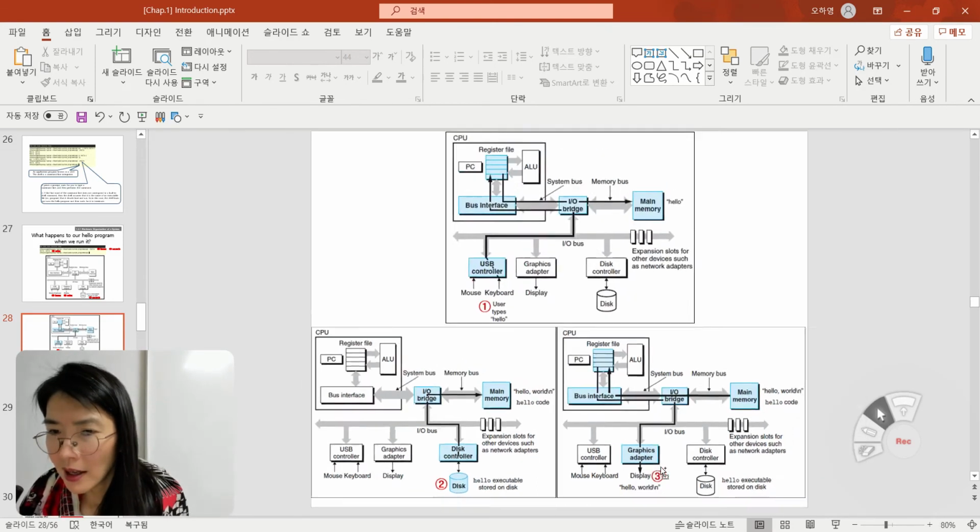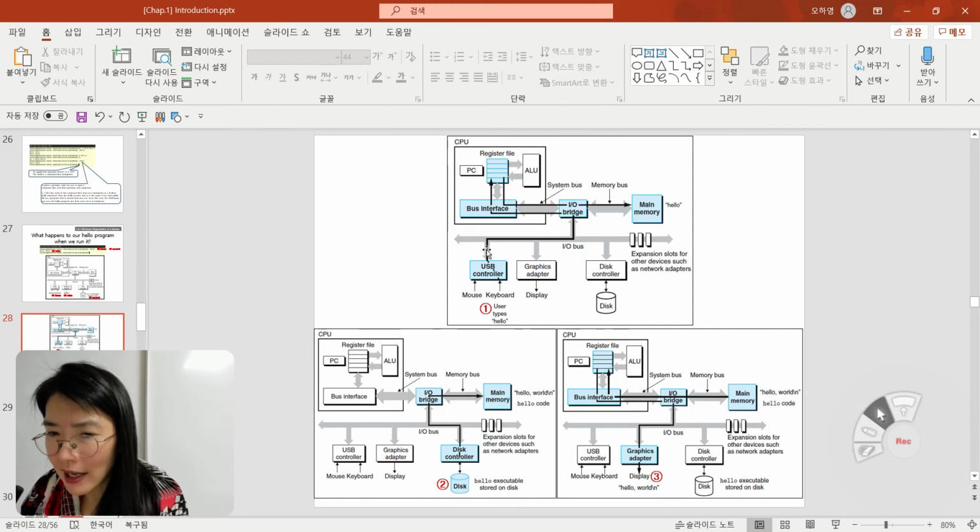But when you check the borderline again, even though we only put the executable file name with our keyboard, the keyboard cooperates with the I/O bridge as well as the CPU part as well as the main memory, all right? And for disk, the searching part can also cooperate with the disk controller, I/O bridge, and main memory.